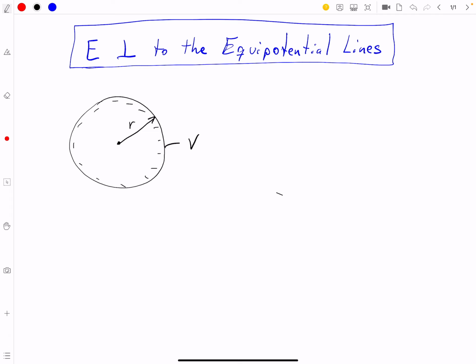Anyway, delta V equals 0 all the way around that circle. From A to B, no matter which way you go, delta V is equal to 0.